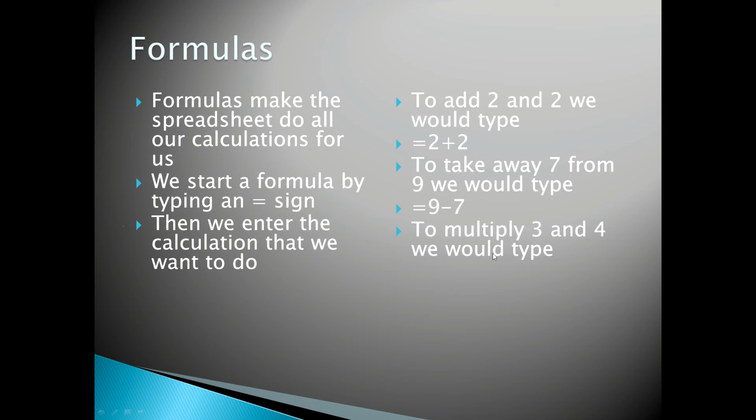Multiplying 3 and 4 is equals 3 asterisk 4. I'm going to use an asterisk instead of the times symbol, because the closest symbol on the keyboard is an X, and that's just going to confuse things. Same with divide, we don't have a divide symbol, so to divide 10 by 2, we just type equals 10/2.